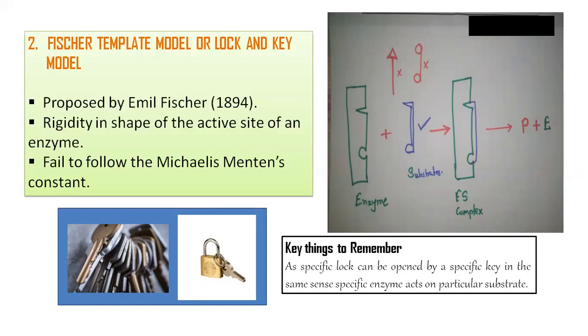Second evidence is that in competitive inhibition of enzyme, the active site of enzyme is blocked by another substance which has near about the same structure as that of substrate, and it results in loss of enzyme activity. These two evidences prove the advantage of the lock and key model. But this lock and key model failed to follow the Michaelis Menten constant. That's why it is not widely accepted.